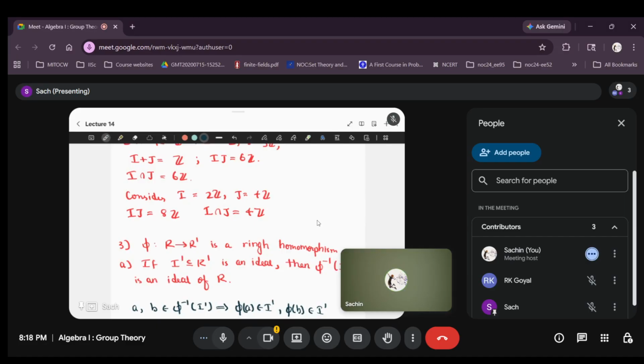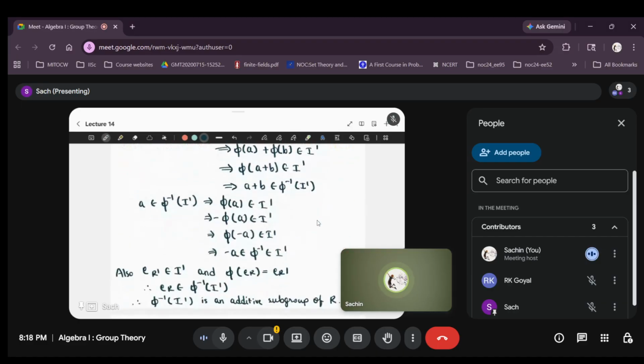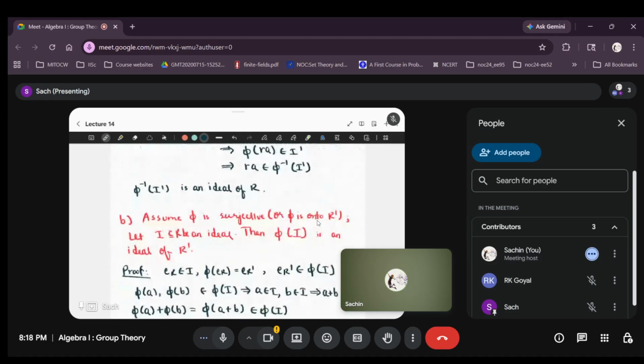That will change a lot of things. So we'll stick with our definitions.